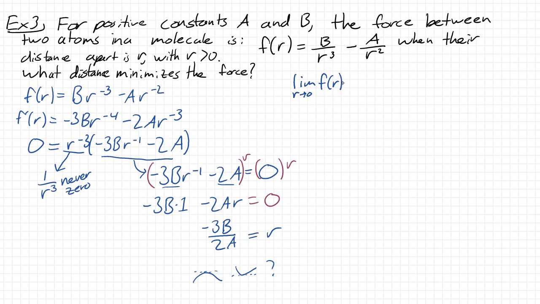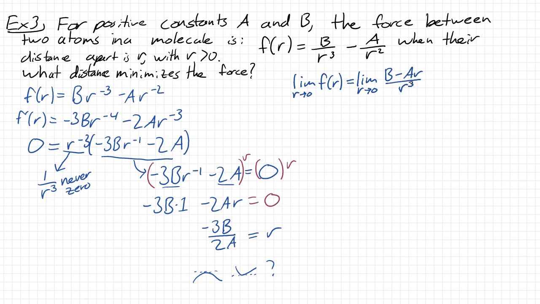And looking at this, the b and a are constant. So maybe we should actually combine that into one fraction here and look at it as the limit as r approaches 0 of b minus ar over r cubed.